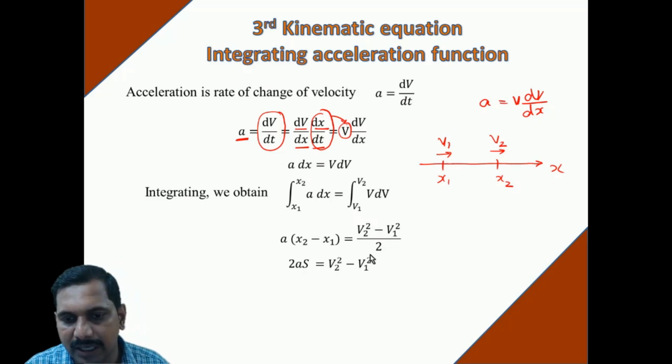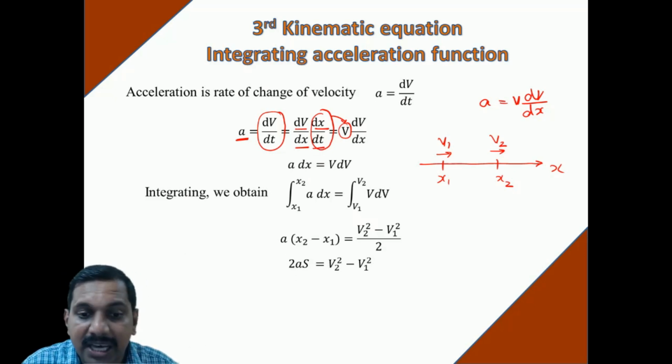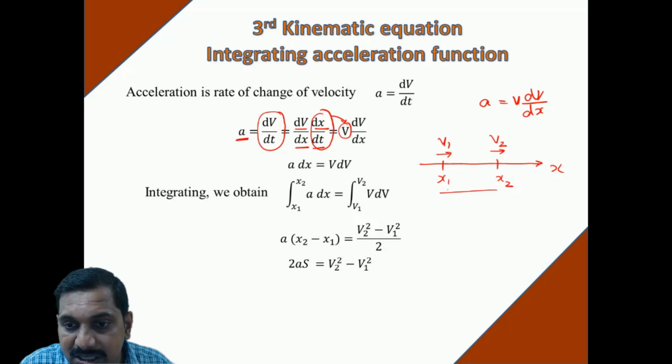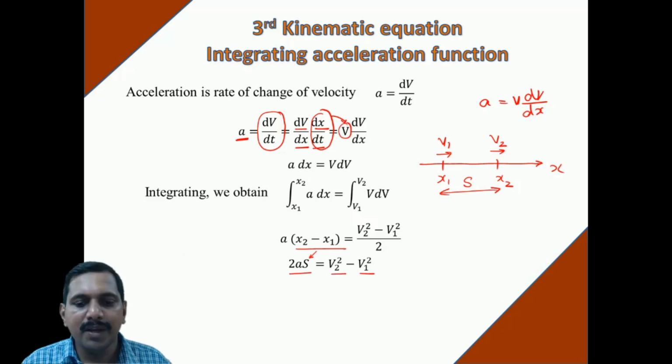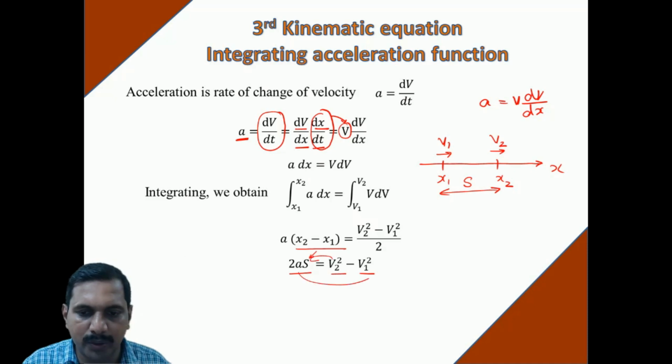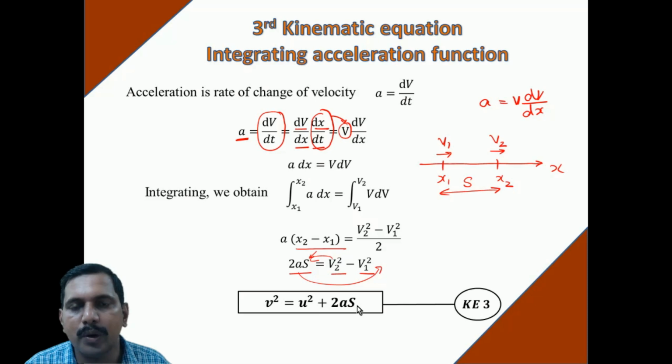Further going, we can get this 2 over here, and a is anyhow here, and this x2 minus x1, this distance is what? This is s, displacement. So instead of this we have put s here. So we get 2as is equal to v2 square minus v1 square, and of course v2 square we can take this side, 2as we can take this side, and then convert v2 into small v, v1 into small u. We have v square is equal to u square plus 2as. This is how we get it by integrating the acceleration function.